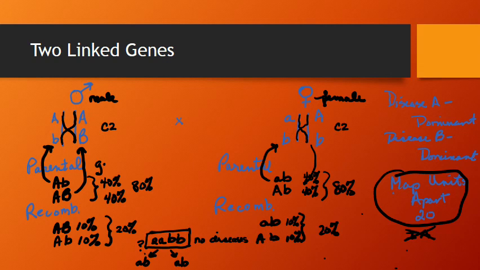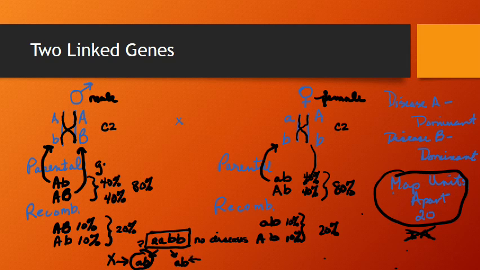So all we need to figure out is how often will this gamete be produced in the male? Well, if we look over here for the recessive a and the recessive b, we're going to see that there is absolutely no chance that this can come from the male. This cannot happen.